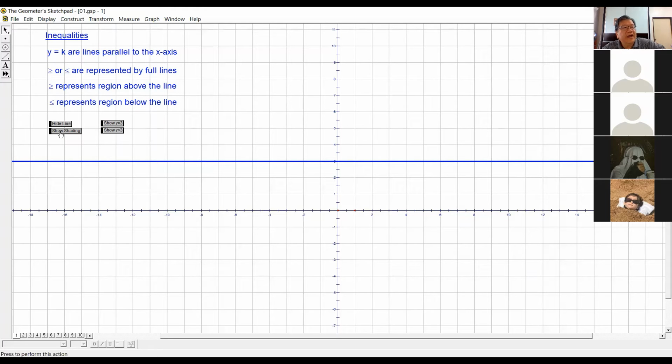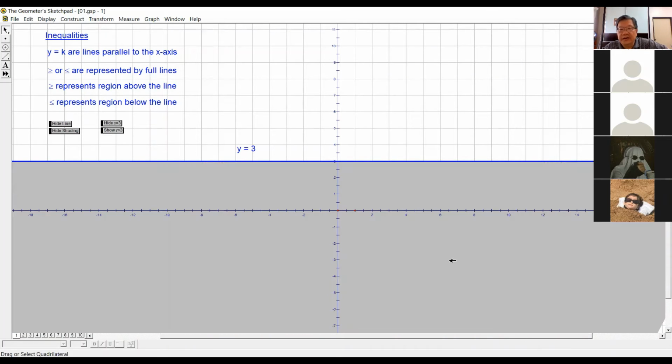This line is y equals 3. Y less than 3 means below this line. If they say y greater than 3, it means above this line. So this is the area y less than 3.